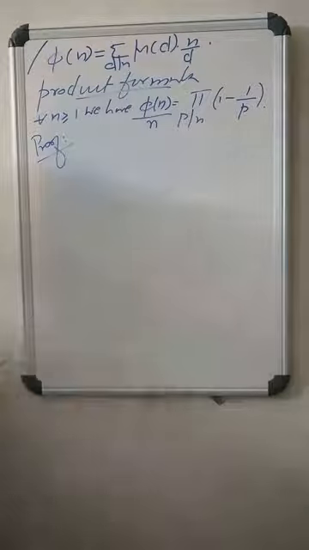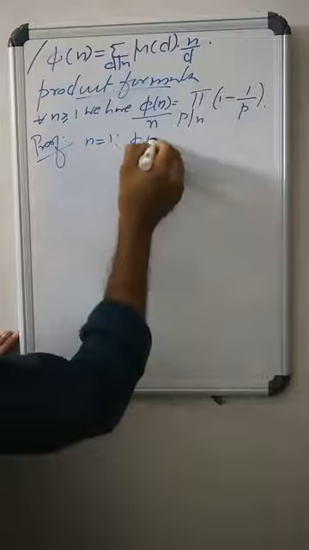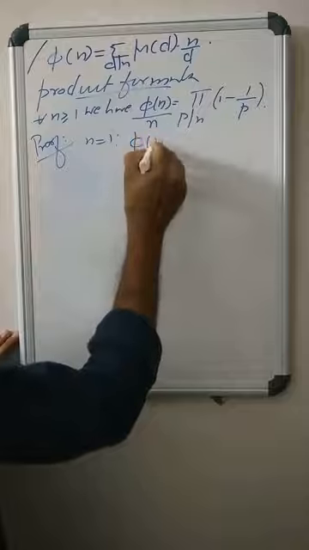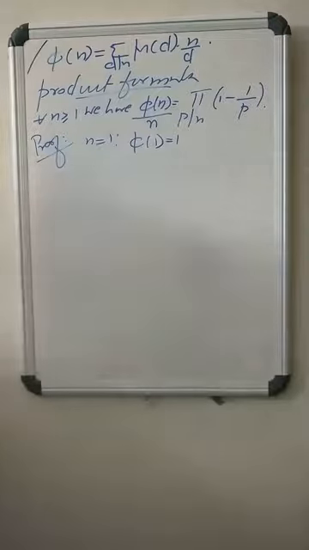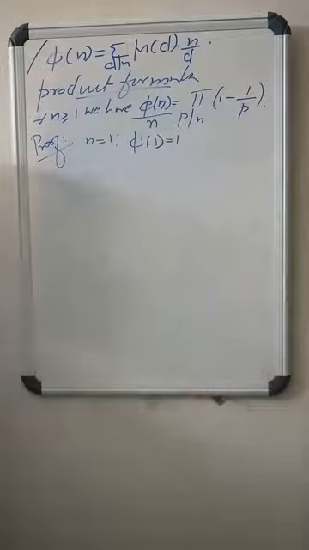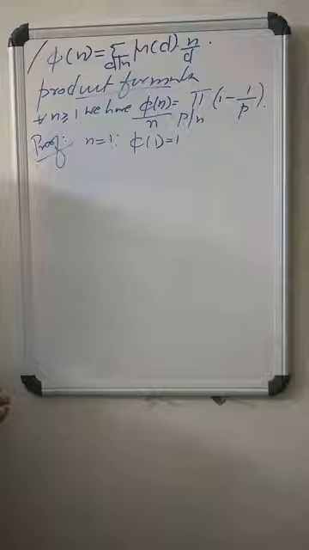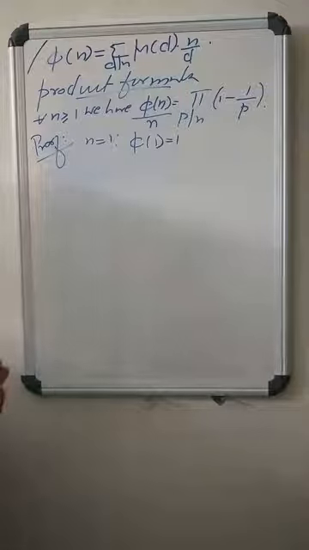So its proof is, when n equals 1, what happens there? We already know that phi of 1 equals 1. But when n equals 1, the product is empty, because there are no primes that divide 1.